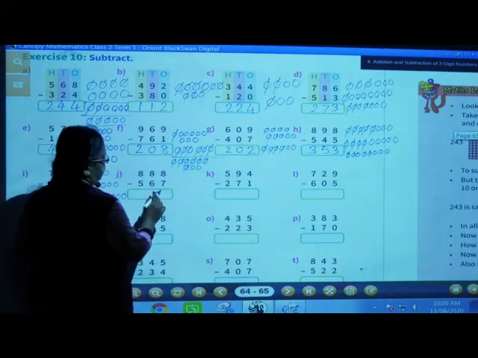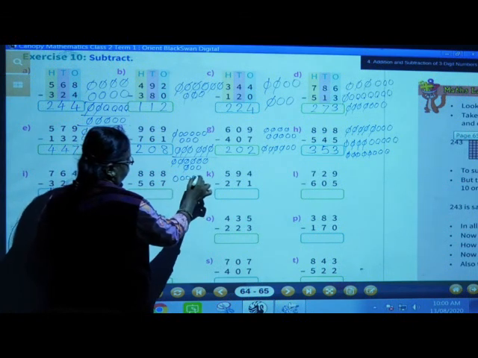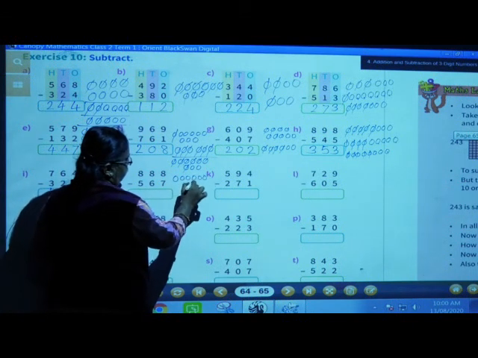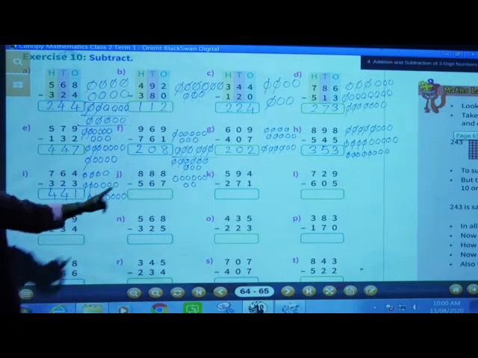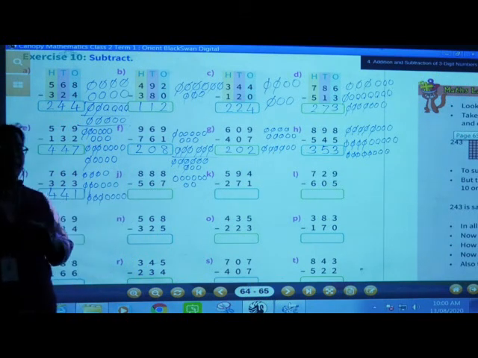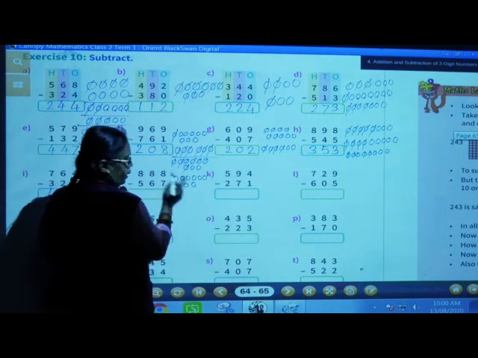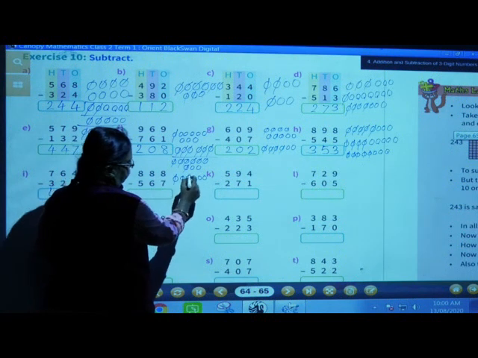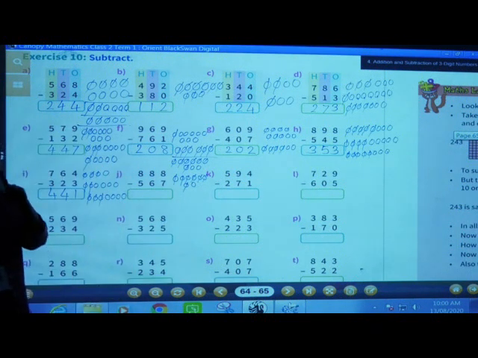Then 8. 1, 2, 3, 4, 5, 6, 7, 8. From this 8, how much do you want to remove? 7. Because 8 minus 7 means you want to cut 7. So what will remain? Correct, 1 will remain. How many are remaining? 1.